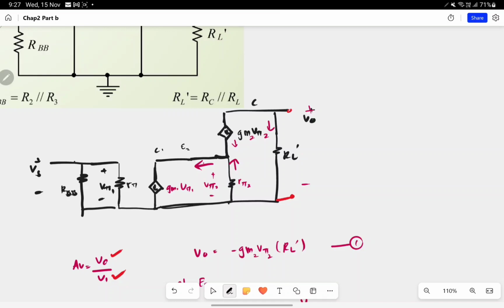So V out equals, and the current entering the RL prime is inverse from the GM2 V pi 2. So to get the V out, we need minus GM2 V pi 2 times RL prime.